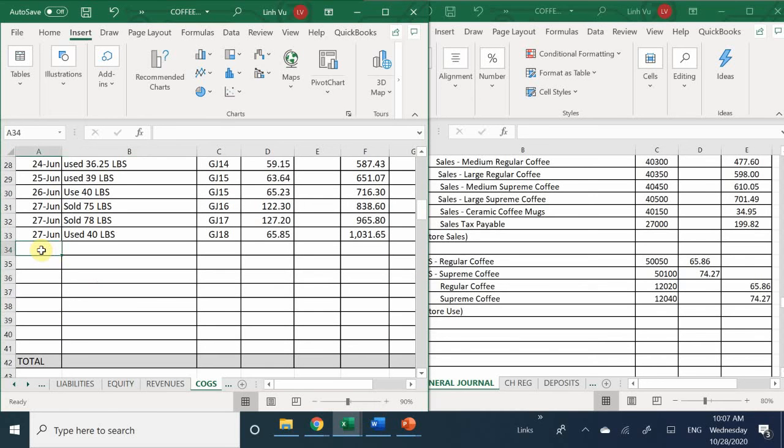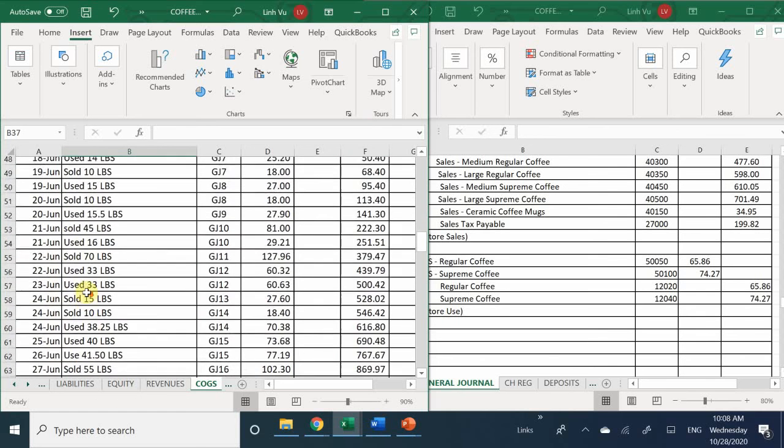Good. Was 40 pounds used? Yes, 40 pounds. GJ 18. 65.86. $1,097.51. Good.